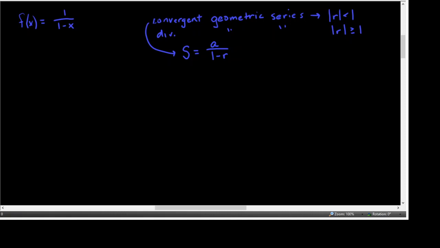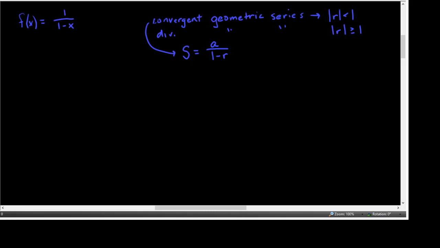Now, I'd like for you to look at the function I wrote over there to the left and think about how that function, the way it's written, looks a whole lot like our formula for s, constant over 1 minus a function of x.